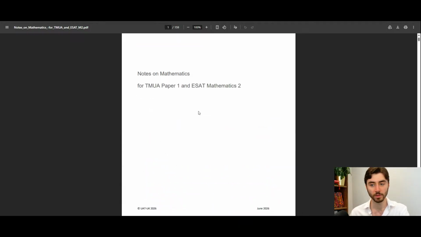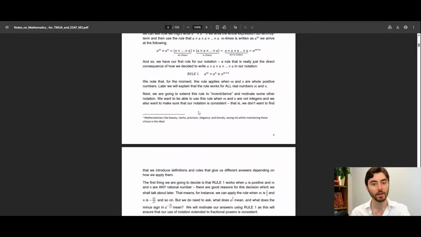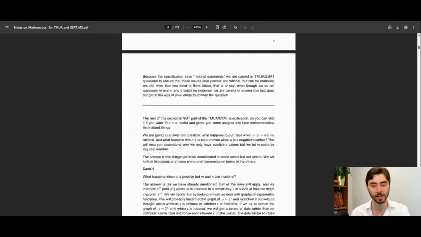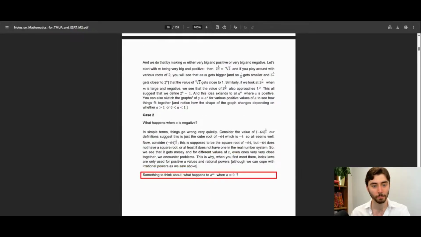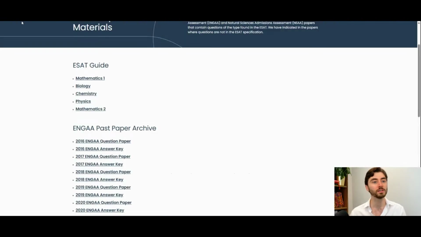Notes on mathematics for TMUA and ESAT. What this guide is not. There is a guide. That is very interesting. Okay, it's good for people to know that. So where did I get that from? This is the UAT website, which is publicly available. They have an ESAT guide for all of these, including Math 2.